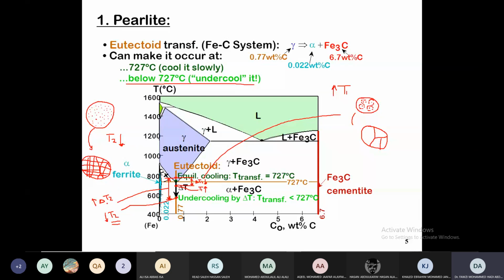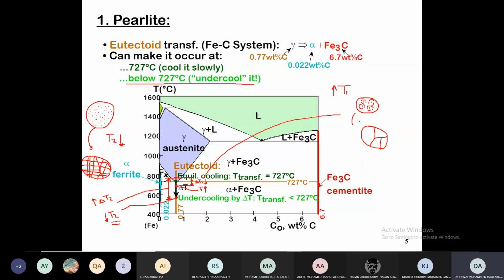The delta T affects the nucleation. If the delta T is high, nucleation is high. The absolute temperature itself affects the growth of the nuclei. If the temperature is high, the growth is high. If the temperature is low, the growth is low.